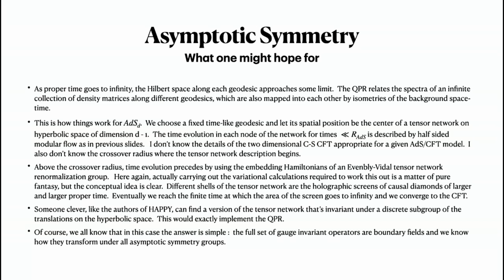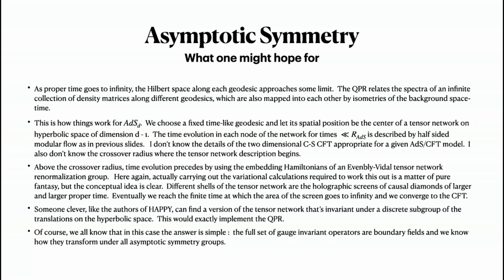The way I would tell you to think about it is the quantum principle of relativity relates what's going on on one geodesic to what's going on on another geodesic. So in principle, if there are space-time transformations that map one geodesic into another, and they're effectively telling you there's an equivalence of quantum information between those different geodesics, then those should become asymptotic symmetries.